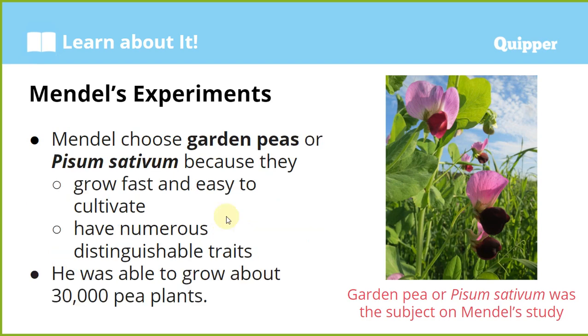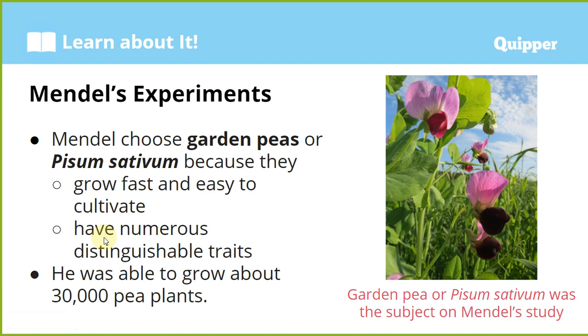So Mendel chose garden peas because they what? We have characteristic number 1, they grow fast and easy to cultivate, madaling payabungin, madaling i-grow.